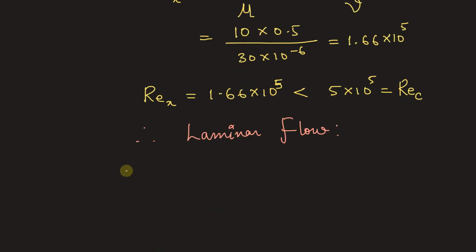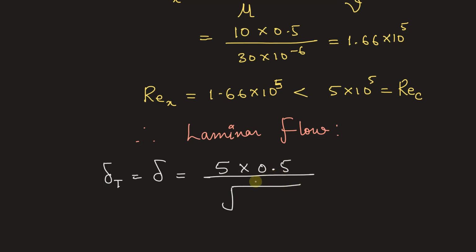Therefore, let's write here thermal boundary layer thickness will be equal to the hydrodynamic boundary layer thickness, which is equal to 5 times x, which is 0.5, divided by square root of the Reynolds number at the location 0.5 meter, which is 1.66 into 10 to the power of 5. Since we need to find the value in millimeter, we will multiply it by 1000.